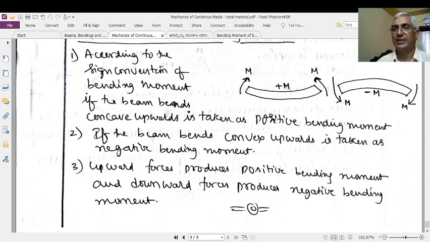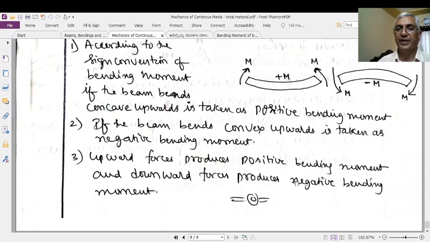On the other hand, if the beam is observed from the top as bending in a convex shape, the forces are said to be producing negative bending moment. Therefore, a beam that bends convex upwards has negative bending moment.